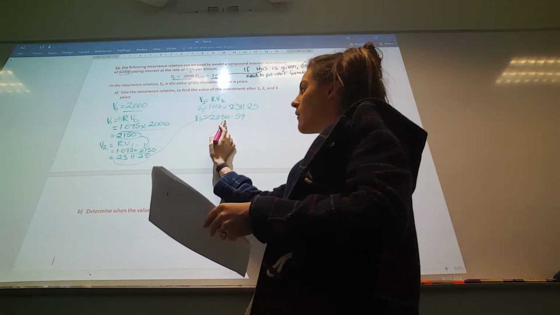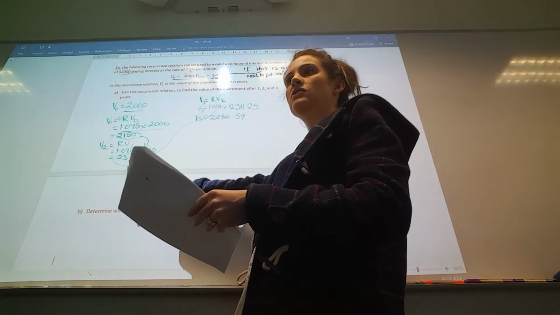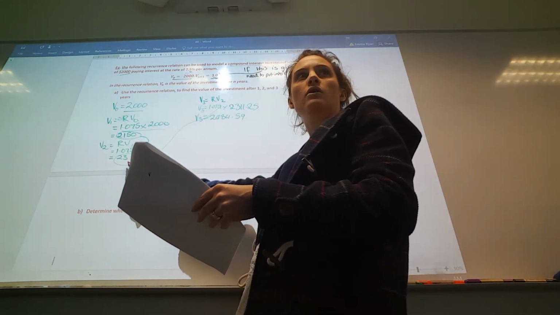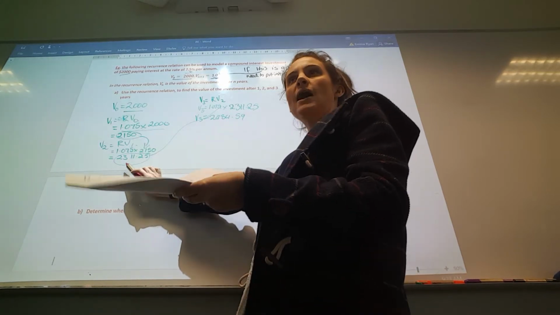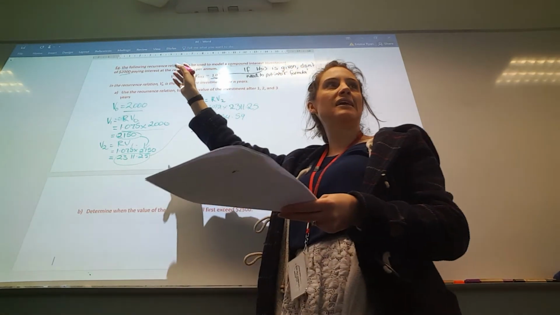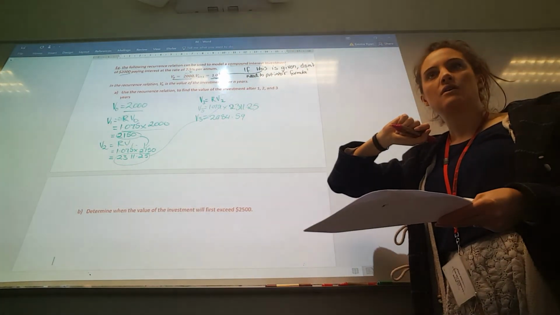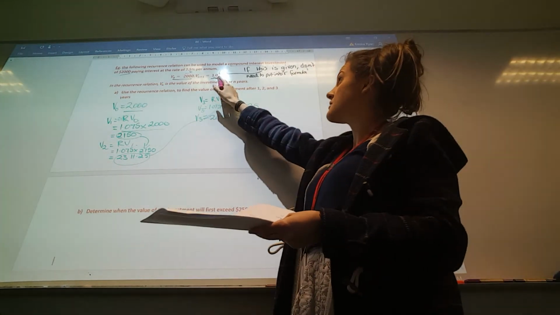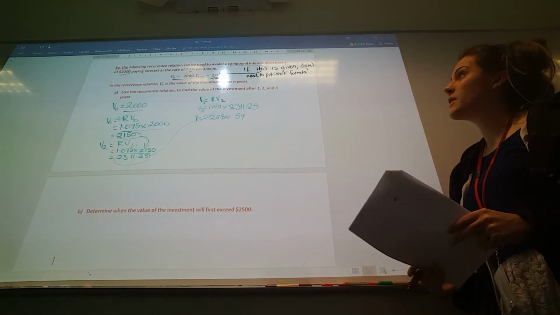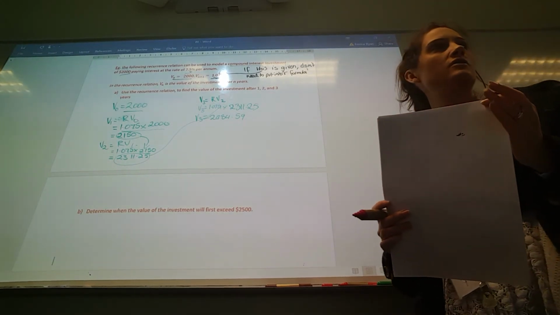But when we're using compound interest, this doesn't go up by $150. It goes up by more. That's what happens when we use compound interest, and that's why it goes geometrically rather than linear. It goes up by the same percent, by 7.5%. Any questions about that so far?